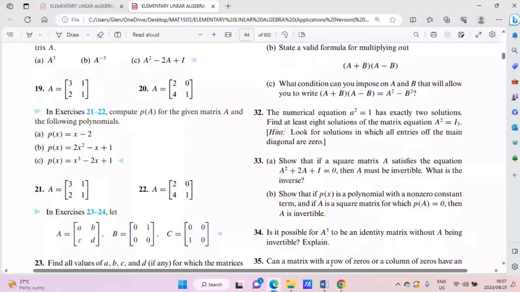All right. Let me bring in Lerato. Lerato, what did you get, my brother? 7, 0. 20 and 2.